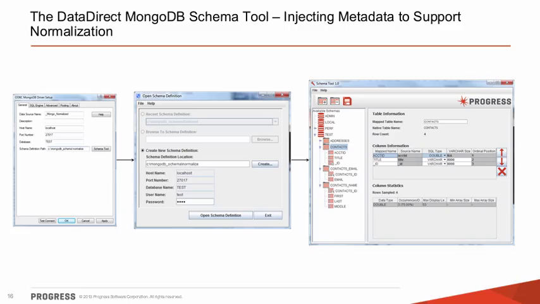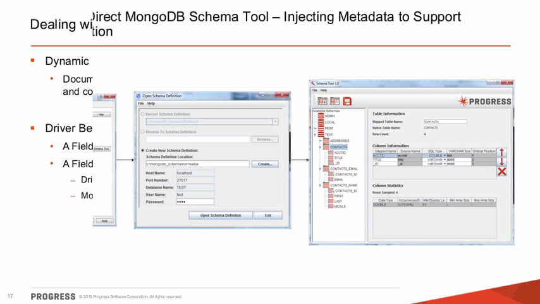Really, one screen gives you that hierarchy of metadata that's been introspected from the MongoDB database and collection, and then presents the statistics for the various items as you click through them, and then gives you choices about how to order that in a normalized view and what the editable column names are going to be and which ones you want to delete and what types they should be, etc. Very simple and straightforward to use. Up and running in minutes.